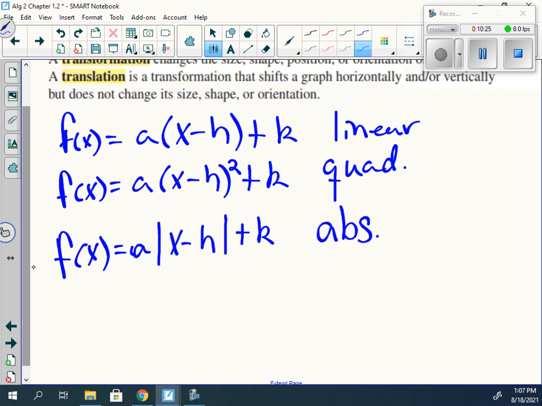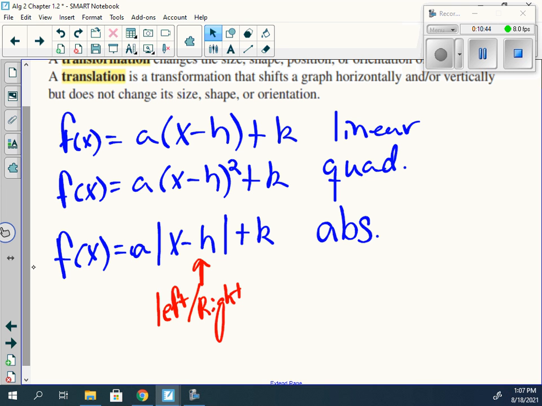Now the first one, since we're talking about translations, there's two spots. Let's use a different color. H, inside, is going to affect it by moving it to the left or to the right, and it's always moved opposite of what we think.